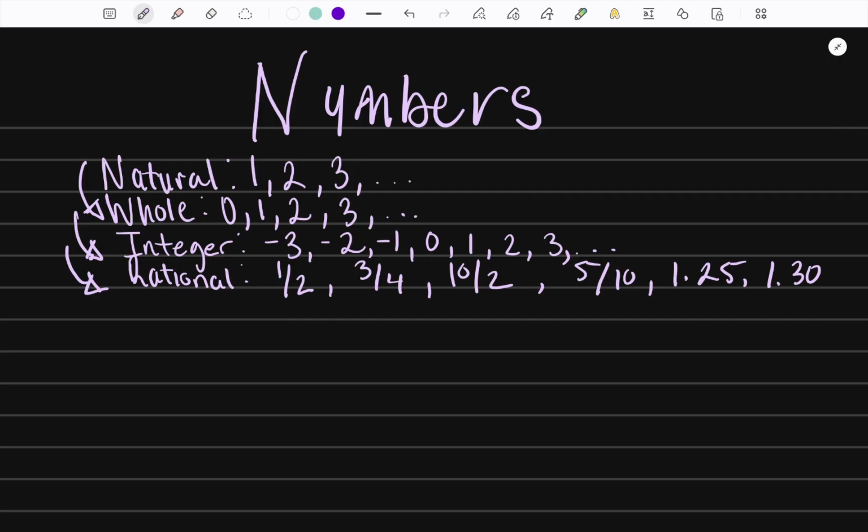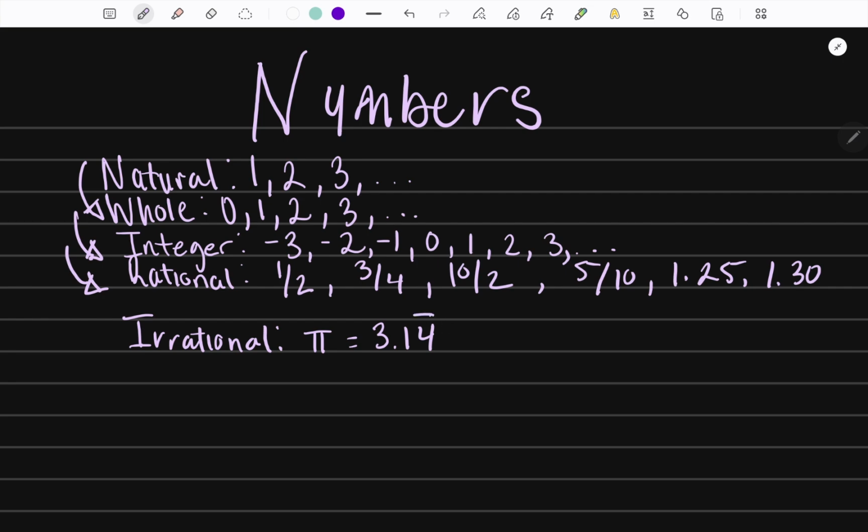And then another category of numbers we have are irrational numbers. Irrational numbers are the opposite of rational numbers, where rational can be a simple ratio or a fraction. Irrational cannot be a simplified fraction. So irrational numbers can be like pi, which we all typically know as 3.14, and repeats.